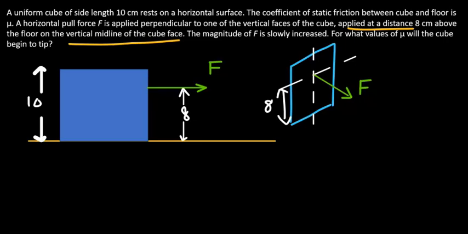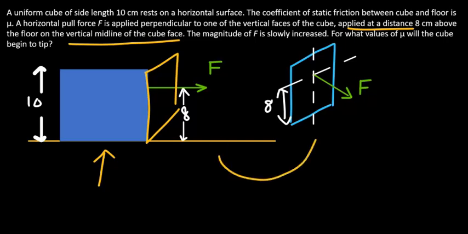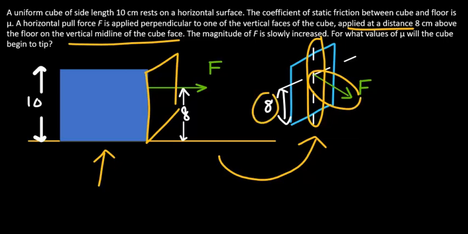What that means is, if that is the cube face that is not visible in the cross-sectional diagram, and we have sketched it over here, this is the midline of the cube face, and that is the point of action of that force F. Note, it is 8 centimeters above the floor.